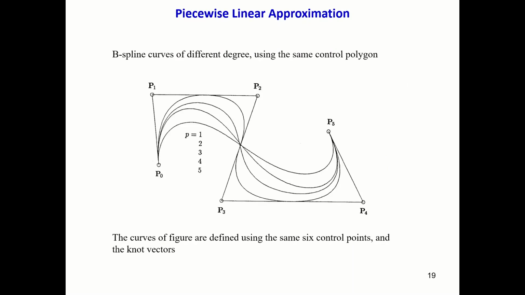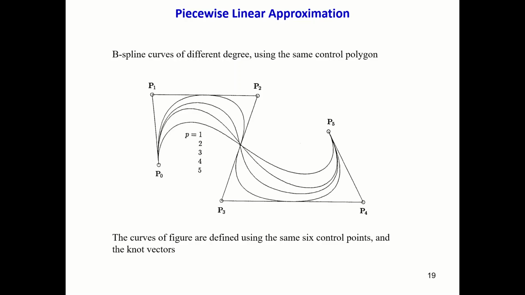Let us look at this example to get a better idea. The curves of the figure are defined using the same 6 control points and knot vectors, but the B-spline curves have different degrees but the same control polygon.